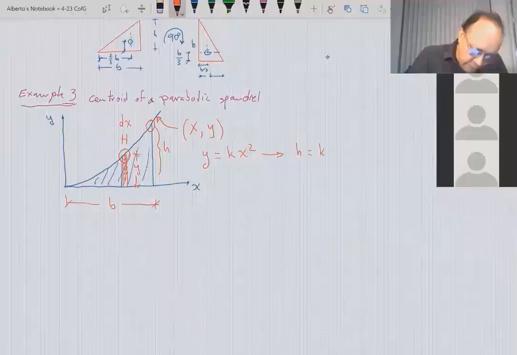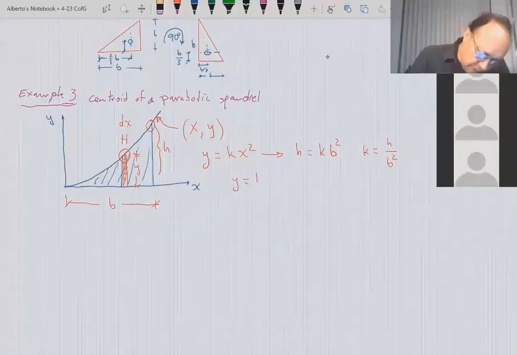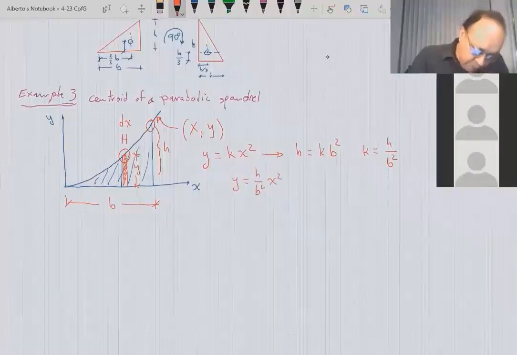From here you can get k equals h over b squared. So the equation of our parabola in this particular case is y equals h over b squared times x squared. Our differential of area is equal to y times dx.